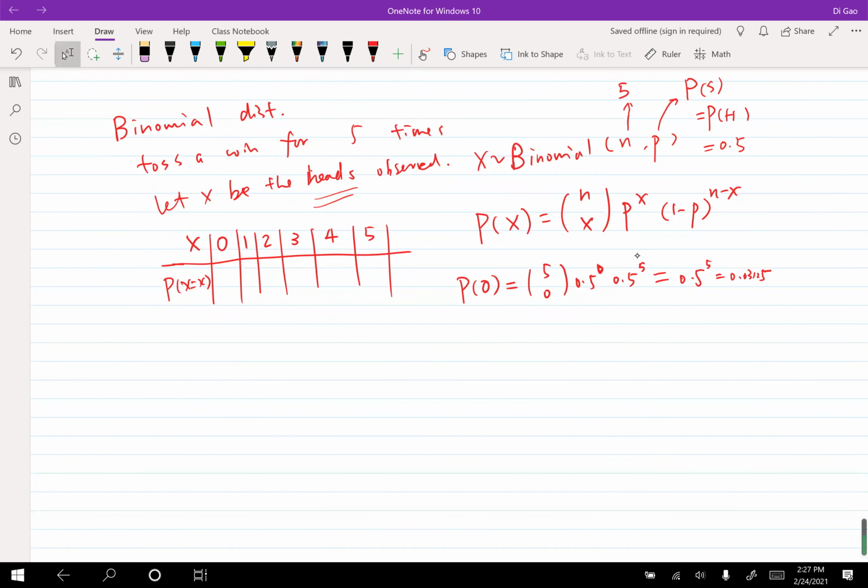Then the probability of 1 is 5 choose 1 times 0.5 to the 1, times 0.5 to the 5 minus 1. That's 5 times 0.5 to the 5, which is 0.15625.